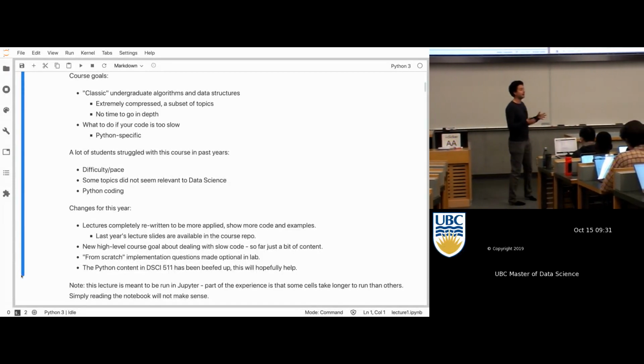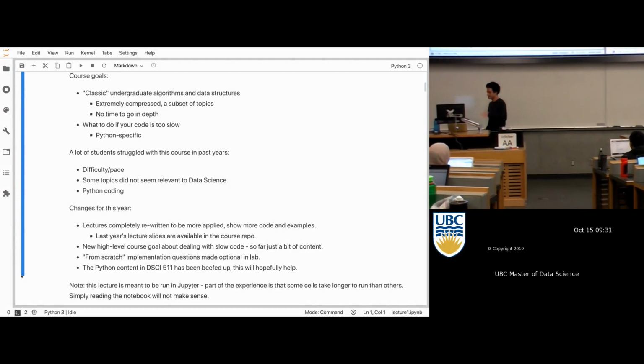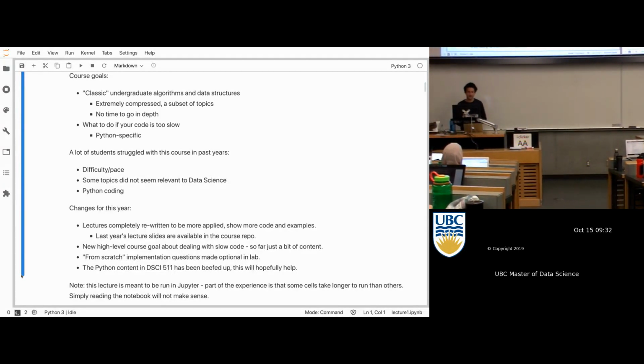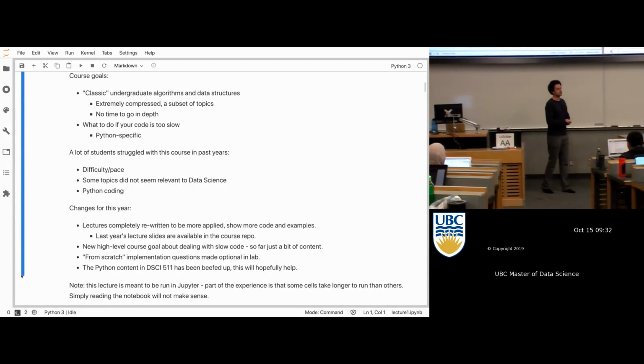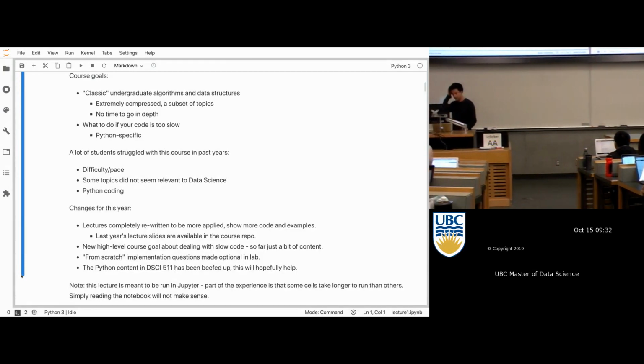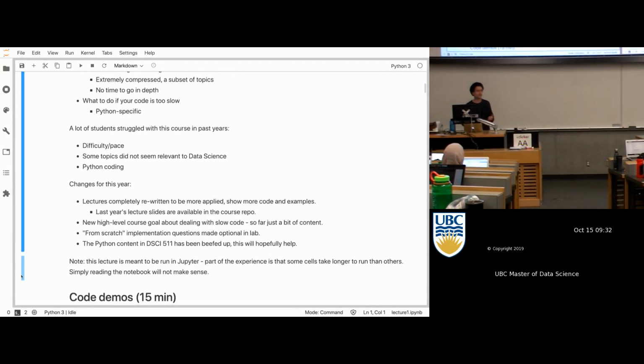That's this more Python-specific content in the course. So if you like that, it's still there. If you don't, it's optional. Just ignore it. And finally, as you know, the programming course that comes before this had been made a lot more intense this year. So I'm hoping that will also help prepare everyone for this course. Any questions before we get started?